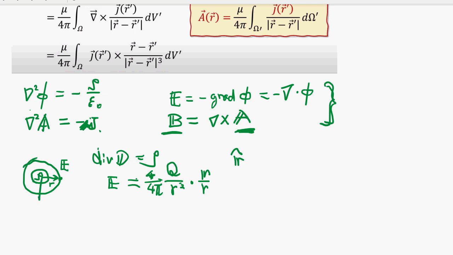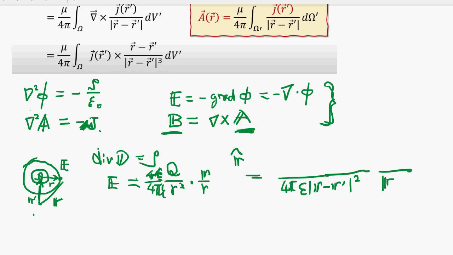If you use this kind of format, this is R, this is a reference point, and this is R prime. So it becomes 4 pi epsilon, don't forget the epsilon, right? R minus R prime squared and R minus R prime.